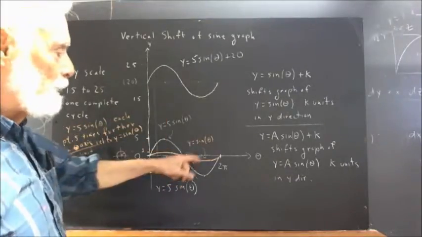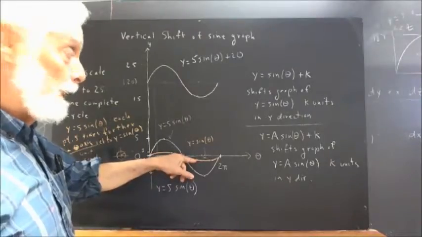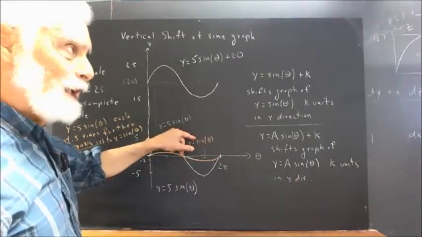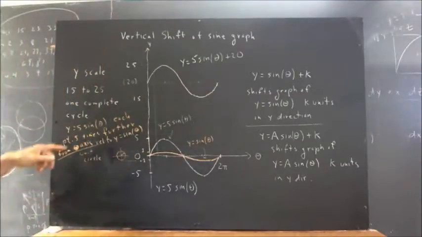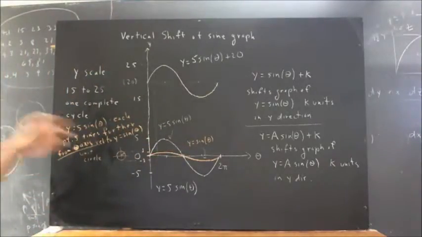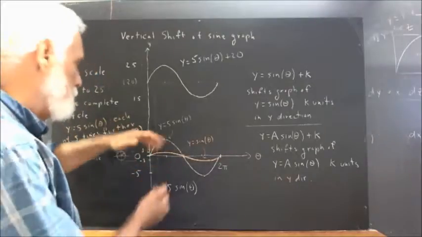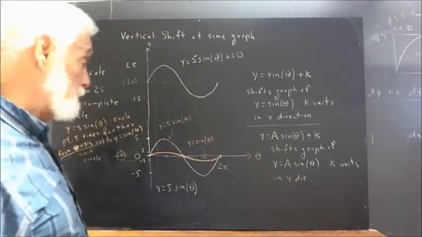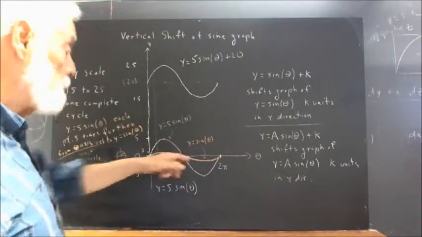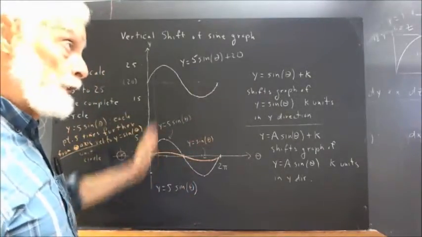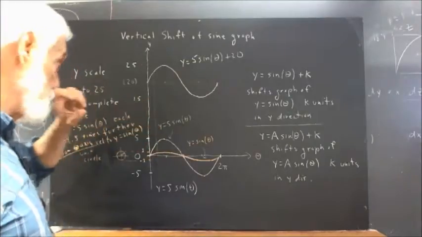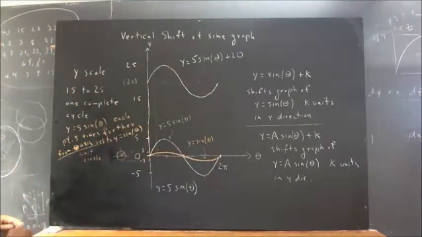So we don't take this point down here and move it 5 times further by moving it up here. Although that would satisfy the statement that we move it 5 times further, it's clear implicitly that we're going to move it on the same side of the axis. Okay, so if it's below the axis, it's going to move 5 times further below. If it's above the axis, it'll move 5 times further in the upward direction. That's called a vertical stretch.